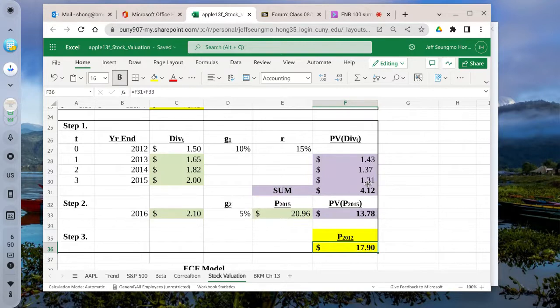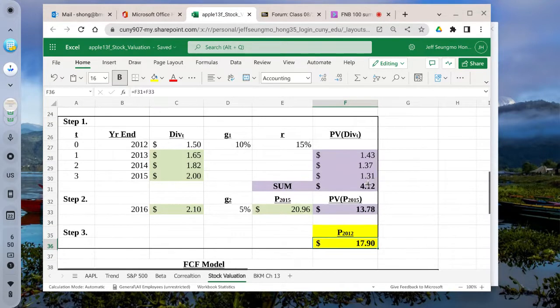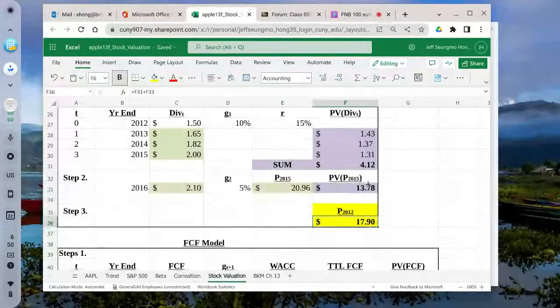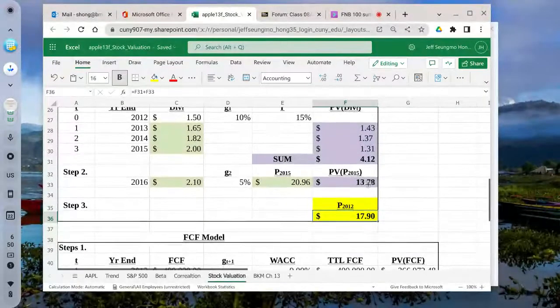The basic concept is still the same thing. It's the application of the Golden Growth Model. Okay.